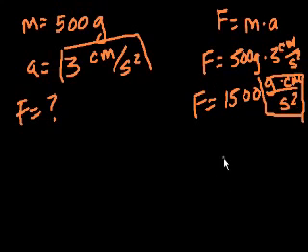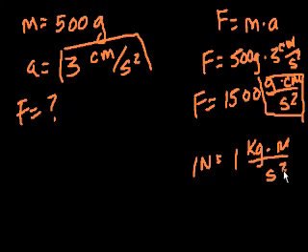And what are newtons? Well, we learned when we did Newton's laws that 1 newton is equal to 1 kilogram meter per second squared. So somehow we have to convert the grams to kilograms, and the centimeters to meters. We could do it after the fact, or what I find easier is to convert the mass and the acceleration units first, and then just do F equals ma.